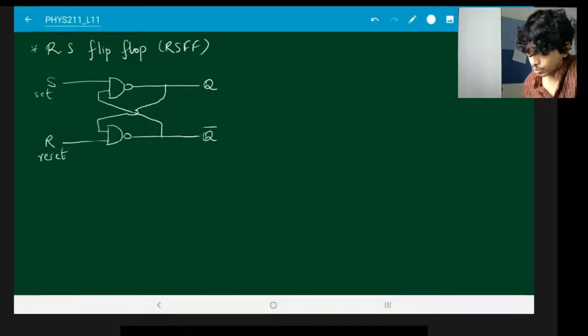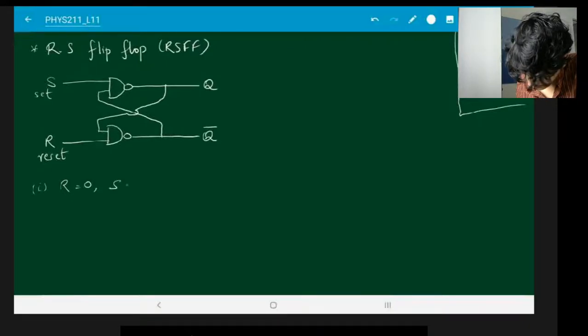So let's check what happens depending on the values of R and S. So if R is 0, so let's take the first case, R is 0, S is 1. Let's do Q first. So Q is the NAND of S and Q bar. So S and Q bar complement.